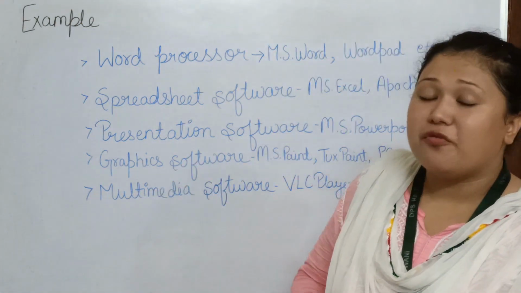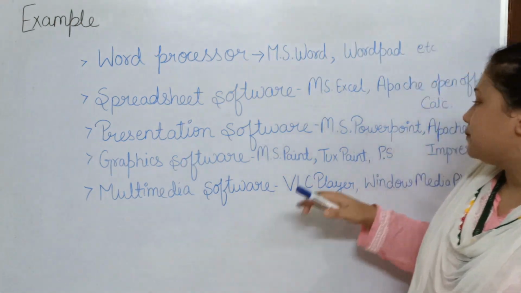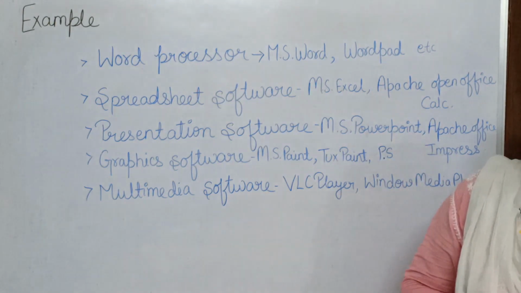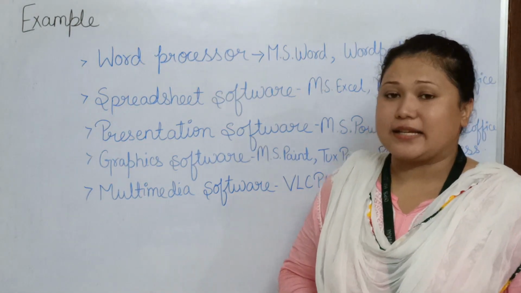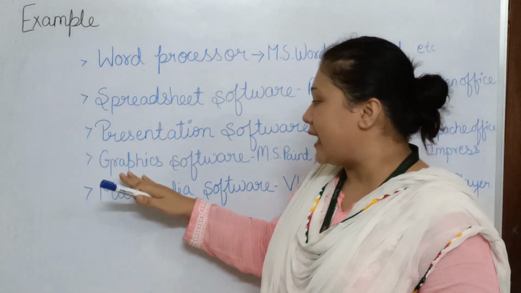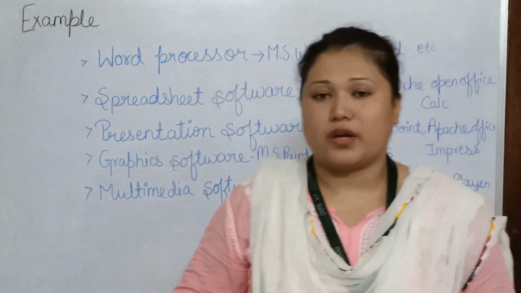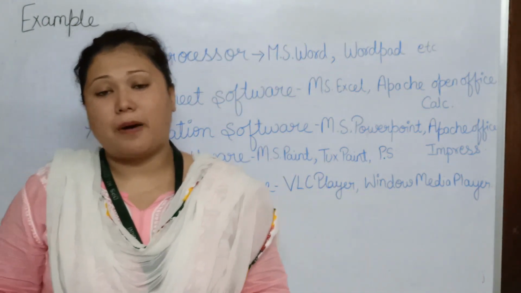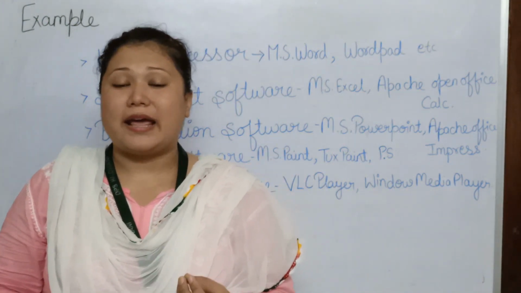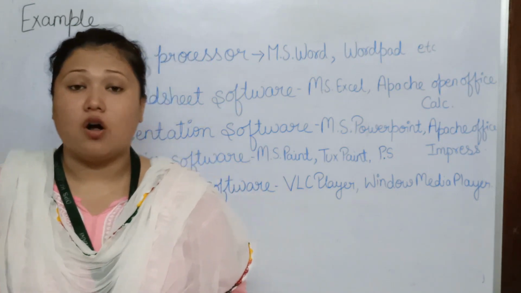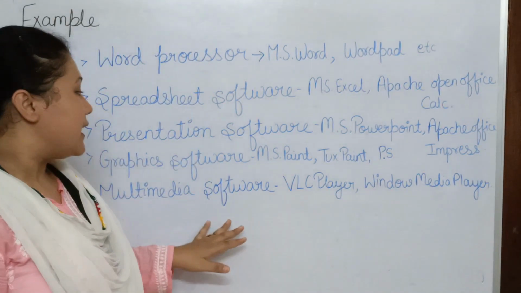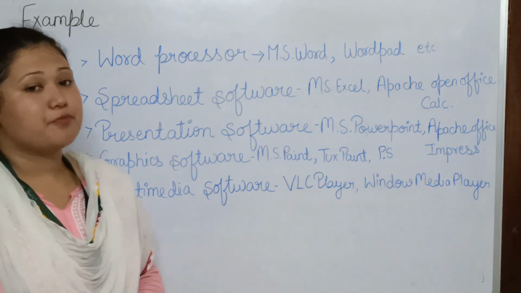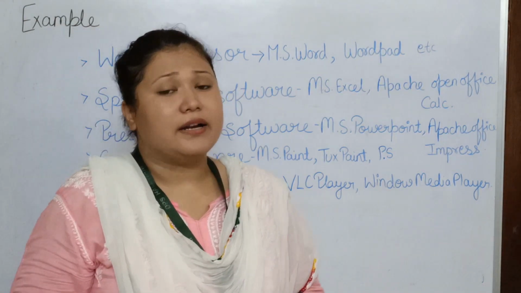Examples of presentation software are MS PowerPoint, Apache OpenOffice Impress, etc. Next is graphic software. Graphic software are those software which help us to create any specific character or picture. Examples of graphic software are MS Paint, Tux Paint, and Photoshop.